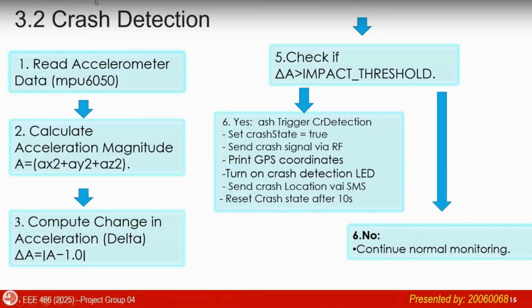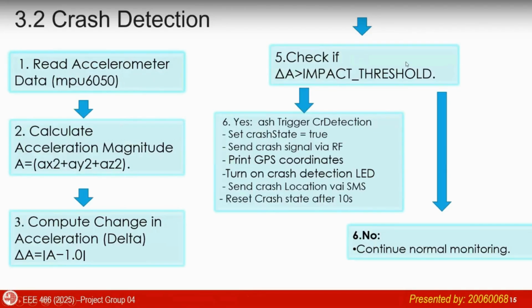So let's discuss a little bit about the crash detection algorithm. We are using the MPU6050 accelerometer for detecting 3-axis acceleration, and the acceleration magnitude is calculated. Here actually a square root is missing, a little bit of correction. We are using a threshold, and then we calculate a delta by subtracting 1 from our acceleration magnitude, and then we compare the delta with the impact threshold.